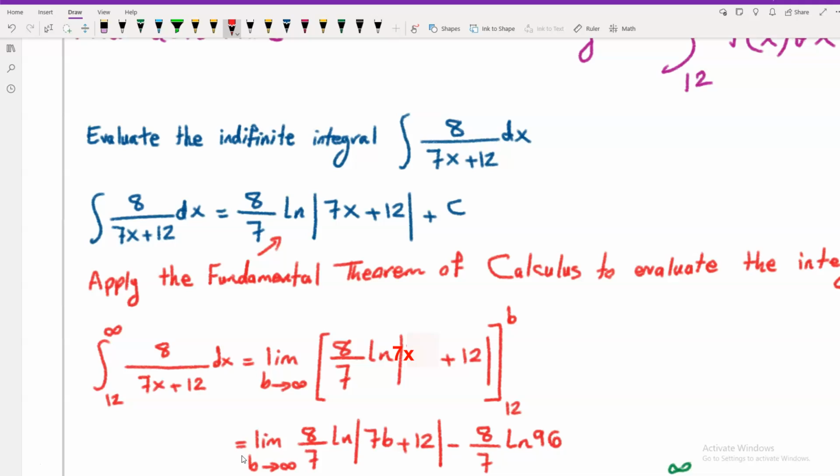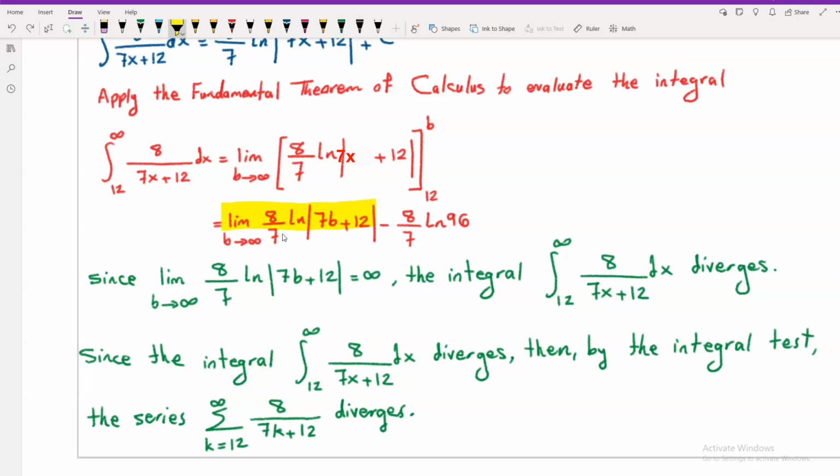Now substitute. This is equal to the limit of 8 over 7 natural log of the absolute value of 7b plus 12 as b approaches infinity. So I use this part first, and then subtract what we had here, using 12 instead of b. So we have 8 over 7 natural log of 12 times 7 plus 12, which is 96.